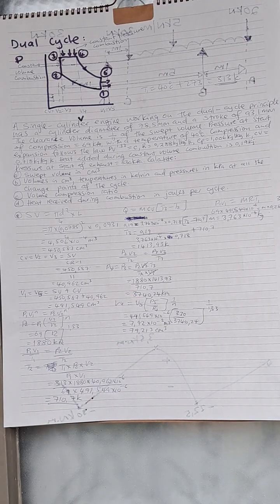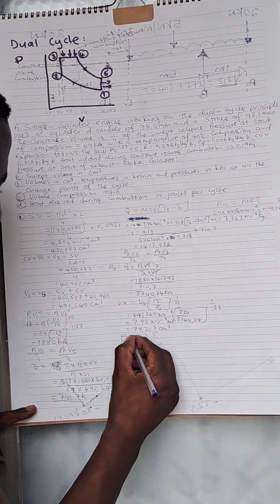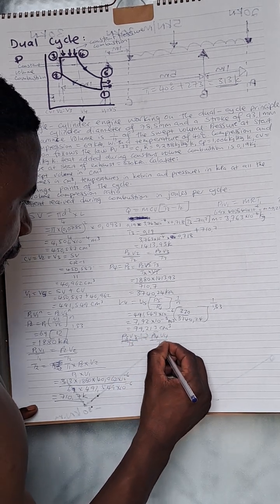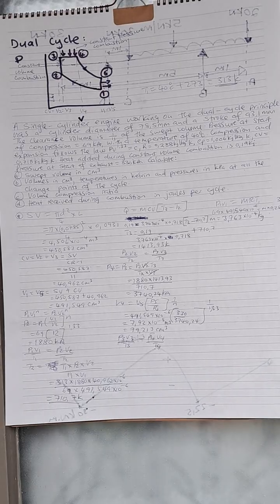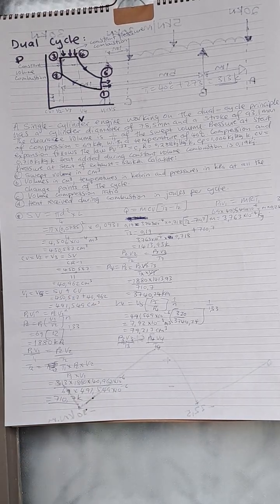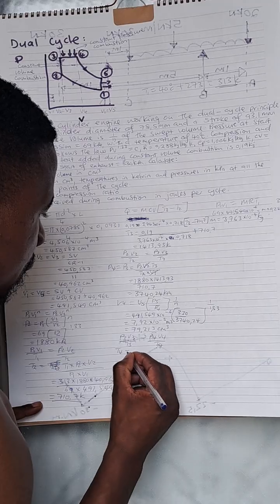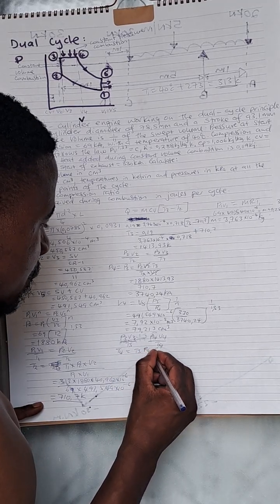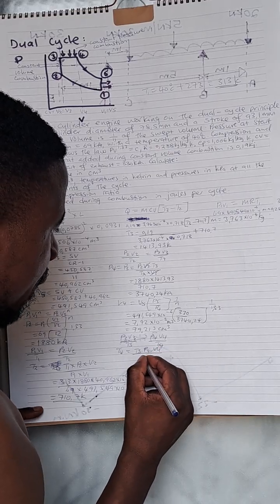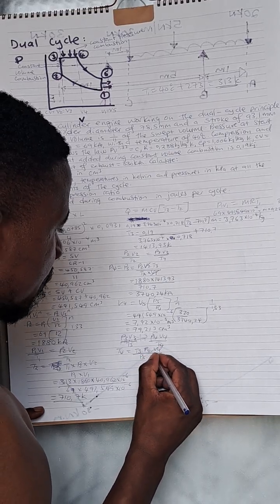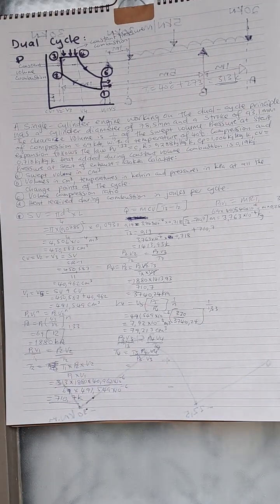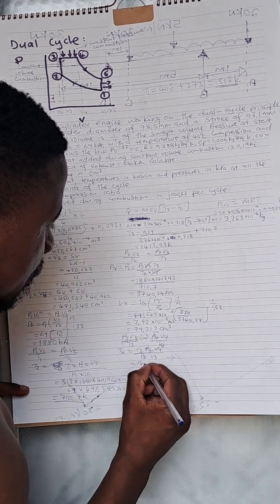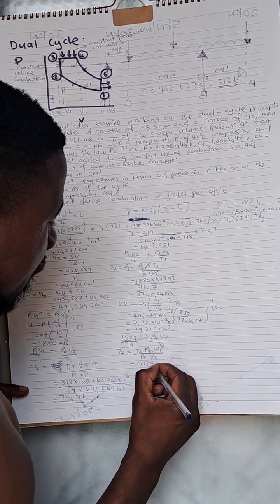So to get our T4, we can use P3V3 over T3 equals P4V4 divided by our T4. We have everything except T4. Therefore, T4 equals T3 times P4 times V4 divided by P3V3. So T3, we got it as 1413.93.